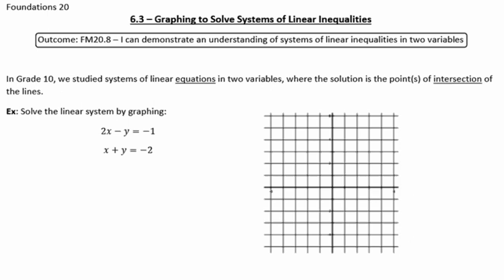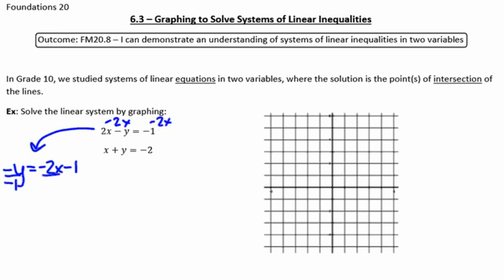So let's do an example like that just to refresh our memories here. Solve the linear system by graphing. We have 2x minus y equals -1. We want to first change that into y equals mx plus b form so we know how to graph that. So -y equals -2x minus 1, subtracting 2x so that we can get y by itself.